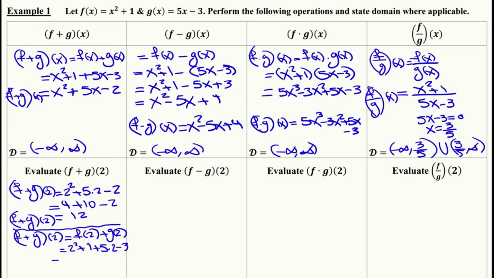So we end up with 4 plus 1 plus 10 minus 3. So that's 5, 15, 12. Not surprisingly, we get the same result. So just remember, two different ways of handling the same evaluation.